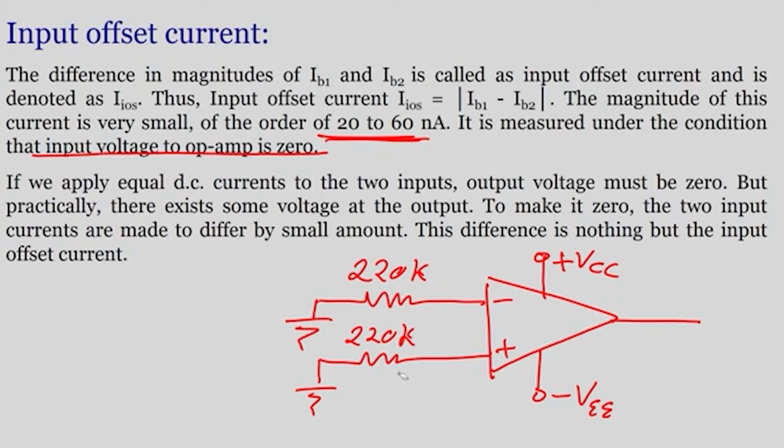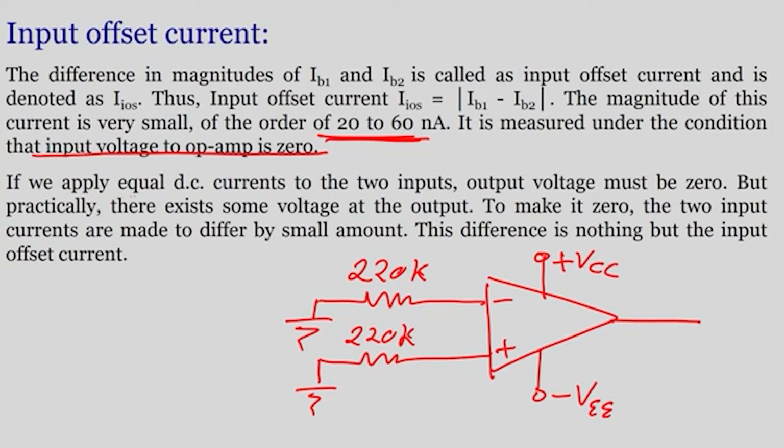This is the perfect condition to measure the input offset current. Quickly again, the difference in the magnitudes of IB1 and IB2 is called input offset current, denoted by IOS. The value is close to 20 to 60 nanoamperes.